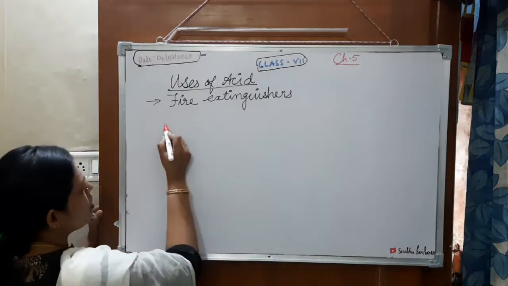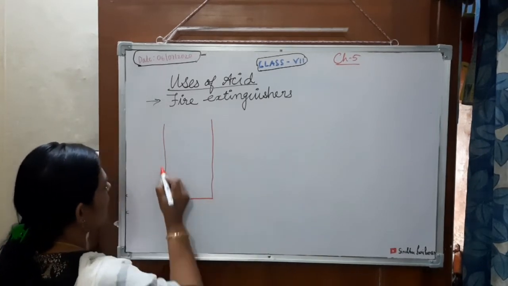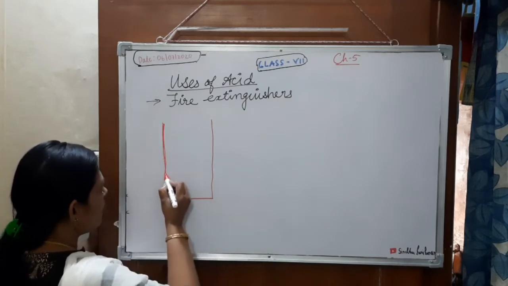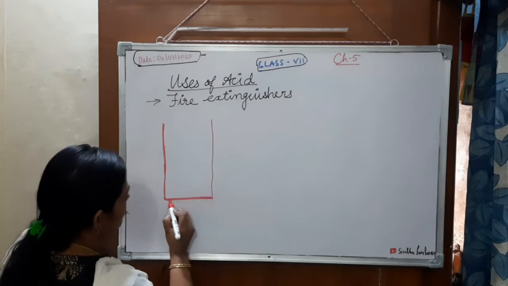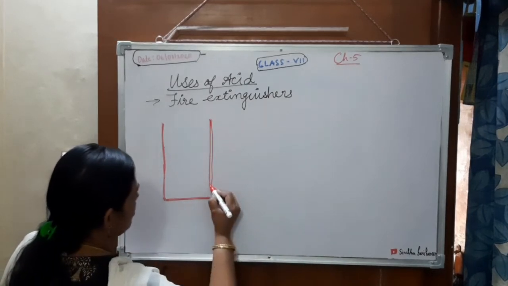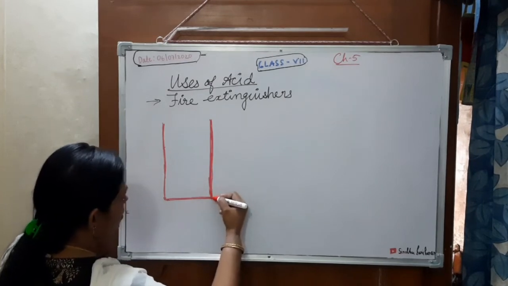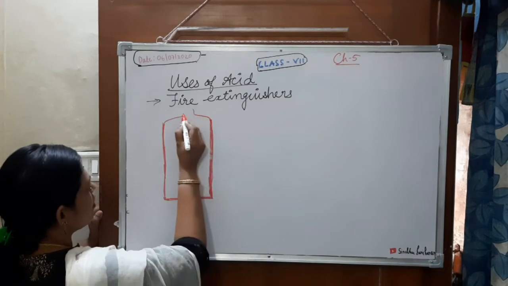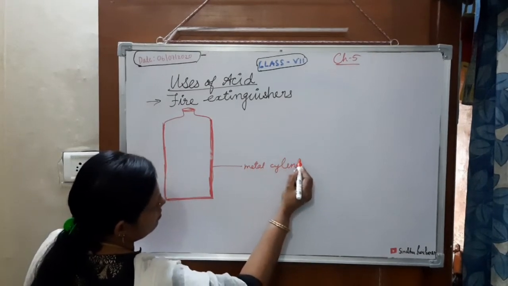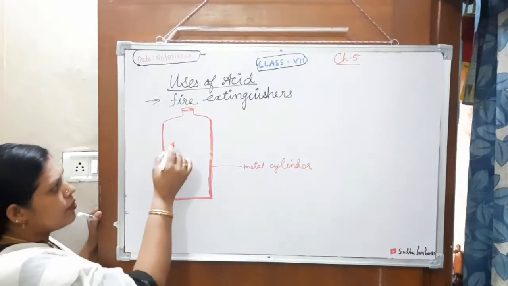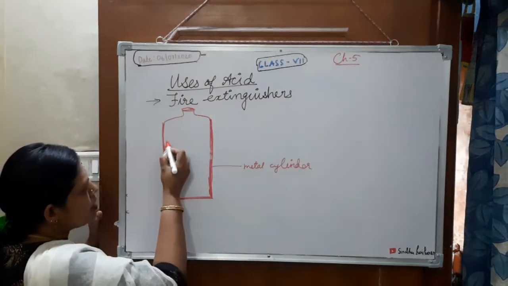See how it works. This is the fire extinguisher, a cylinder made of metal. Inside it there are two chambers.